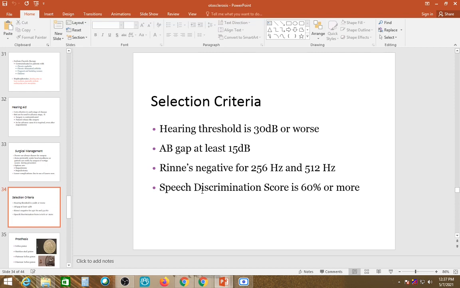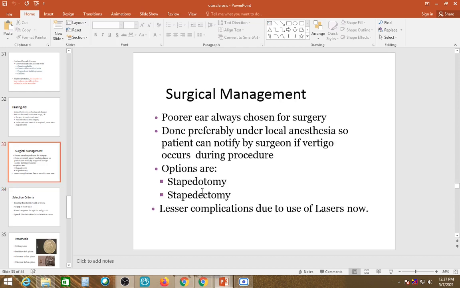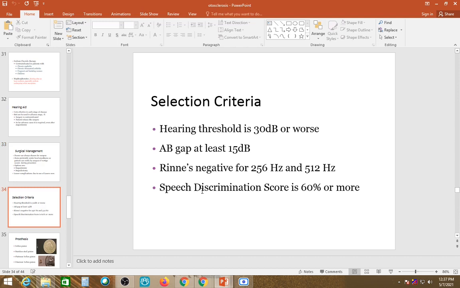And the selection criteria, what we spoke of earlier: hearing threshold is 30 decibel or worse. Surgical management. Okay, the next is selection criteria. If the patient's hearing threshold is 30 decibel or worse, then only are they a candidate for surgery.